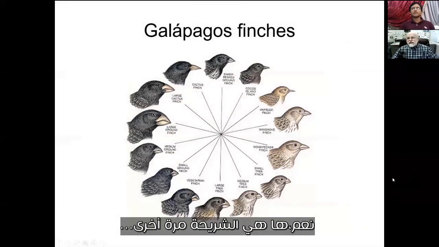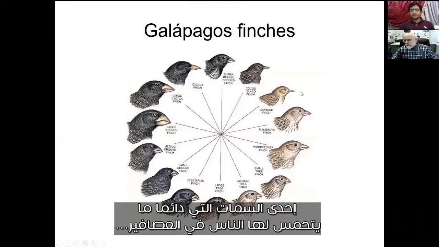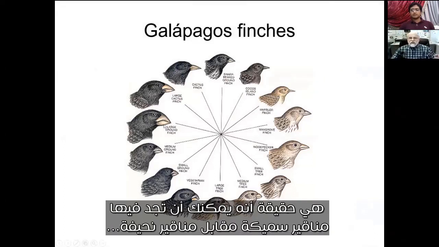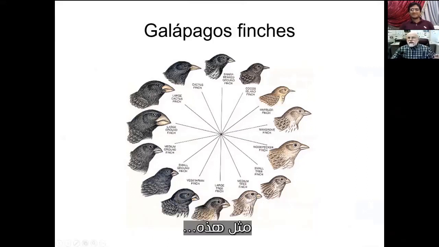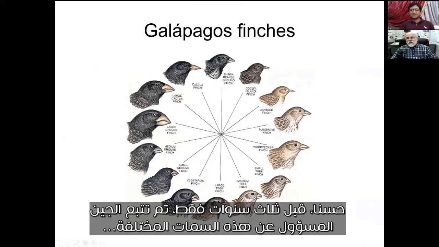Here's that slide again. One of the traits that people always get excited about in the finches is the fact that you can have thick beaks versus thinner beaks like this. And they say, well, isn't it amazing that random mutation and selection can do that? Well, only 3 years ago was the gene that was responsible for these different traits tracked down.